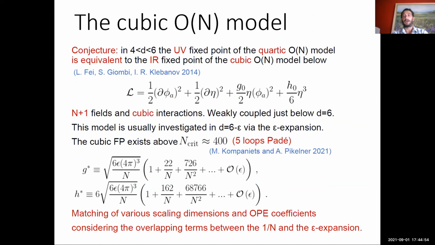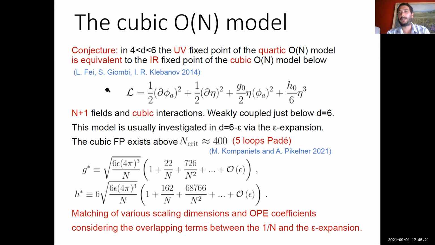There is a conjecture about the quartic UV CFT between 4 and 6 dimensions, which has been proposed first by Fei, Giombi, Klebanov in 2014. The conjecture is that this ultraviolet CFT is equivalent to the infrared fixed point of what I will call the cubic model, described by the Lagrangian in the slide.